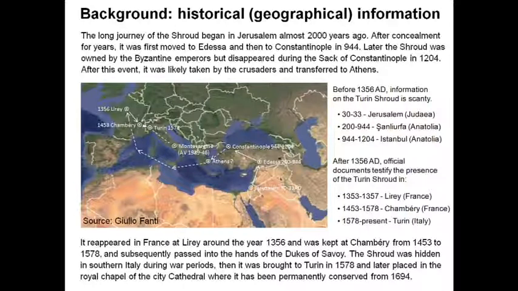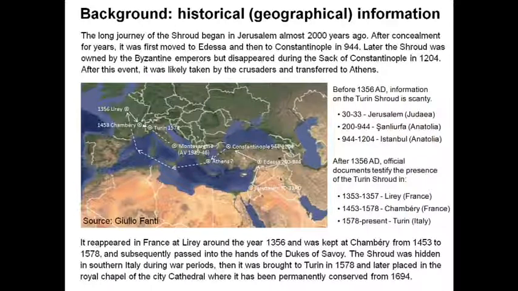After this event, information on the Shroud is very scanty. We know that it reappeared in France at Lirey around the year 1356. Then it was moved to Chambéry from 1453 to 1578. And subsequently, it passed into the hands of the Dukes of Savoy.